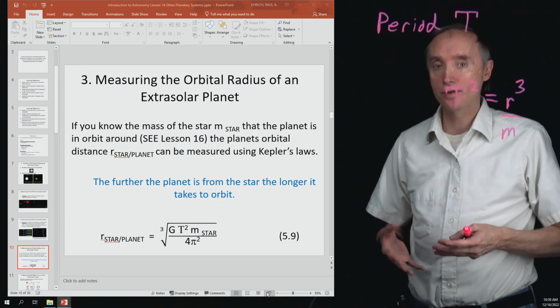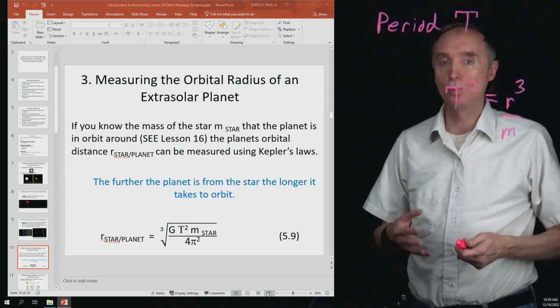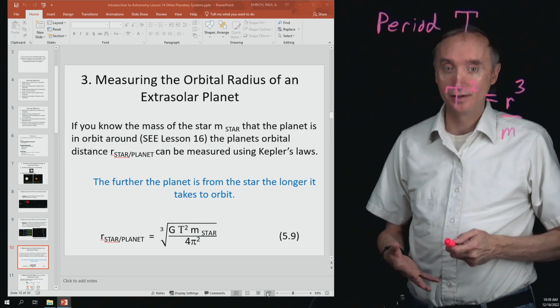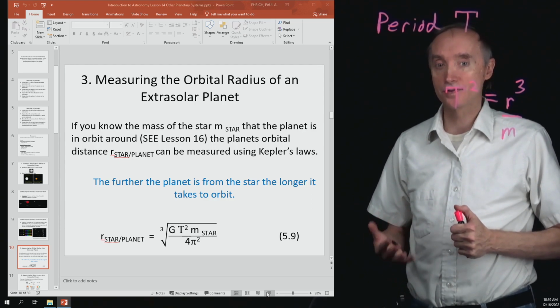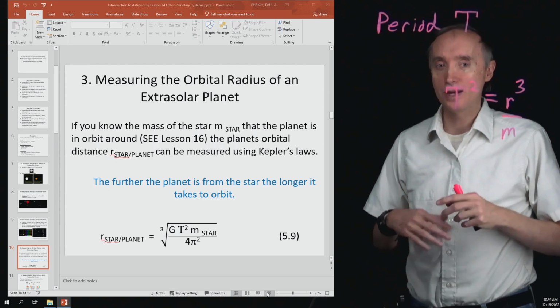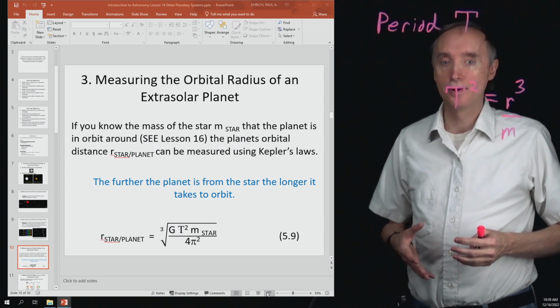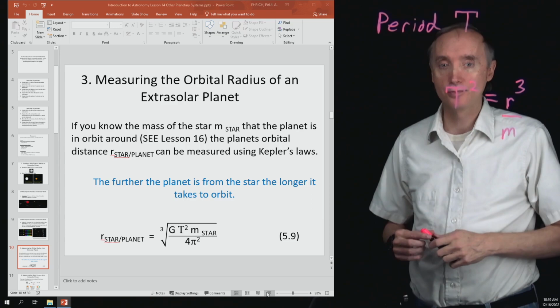So if you take the mass of the sun plus 1/1000th, well, that's pretty much the same as saying the mass of the sun. So we're making some approximations here and plugging it into that formula.